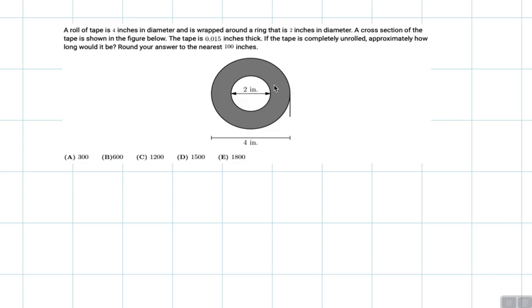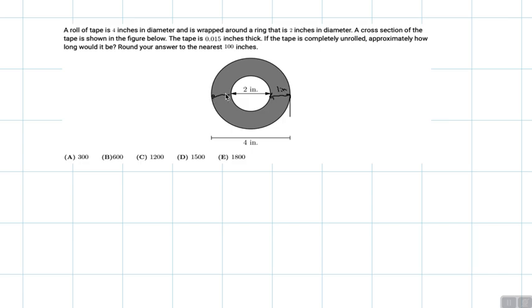Okay, so coming back to this, when it's talking about the thickness of the tape, I believe that's just this black region. The 4 inches in diameter means that this section here is 1 inch.